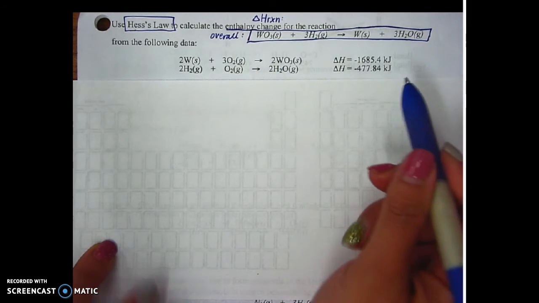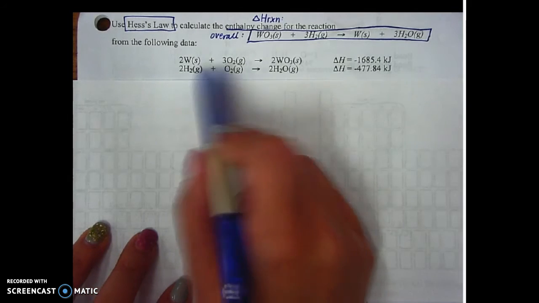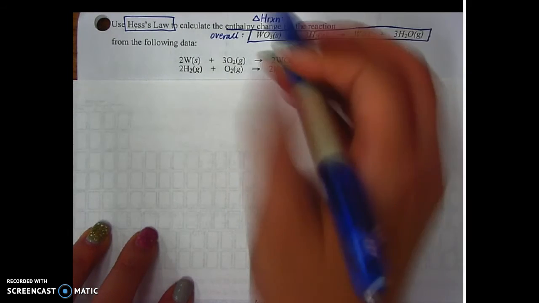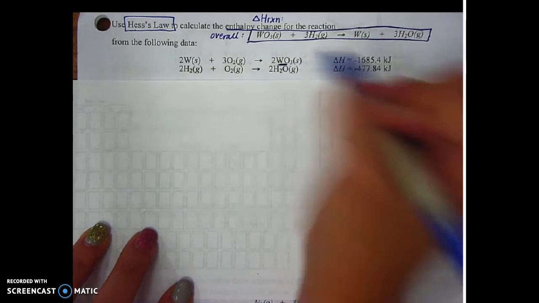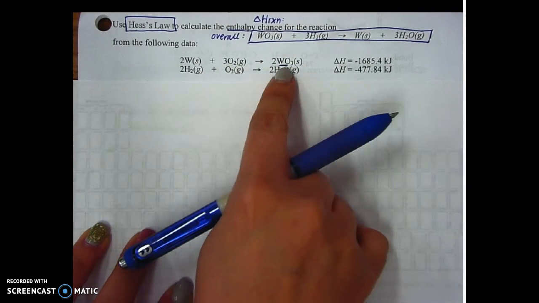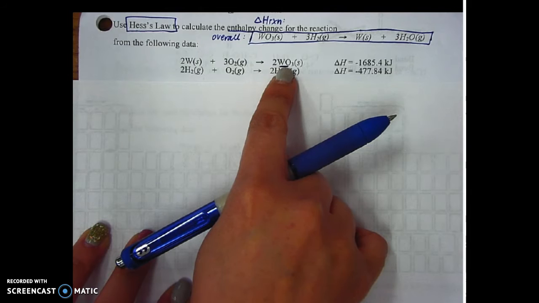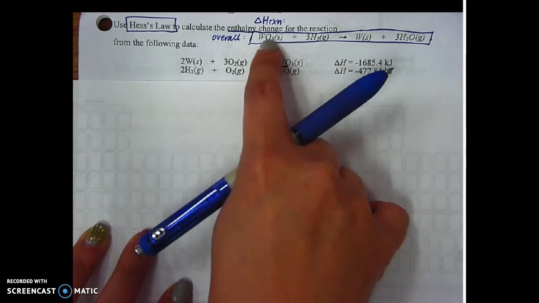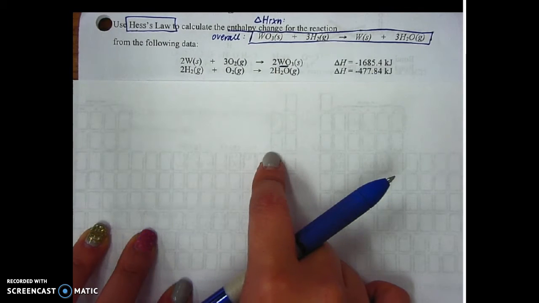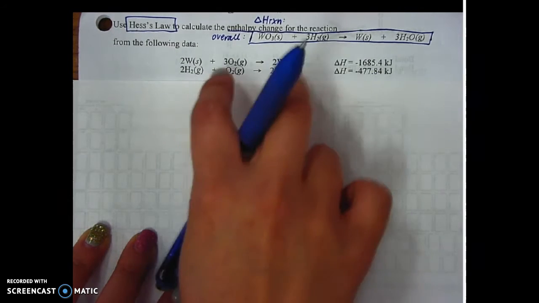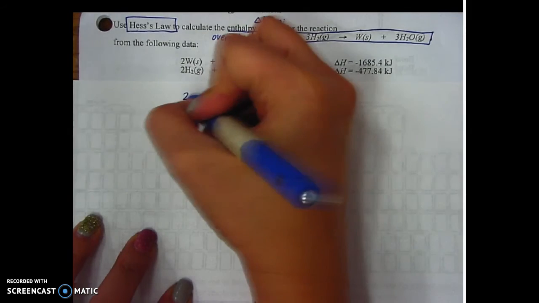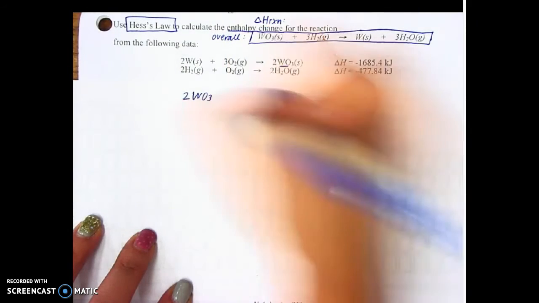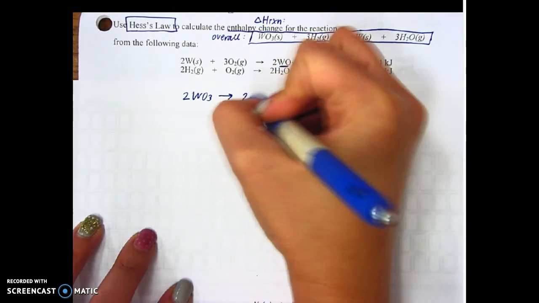So I'm just going to pick any element that I see in one of my equations here, and let's take a look at this guy right here, WO3. You could see that it's sitting over on the right side of the equation, and then when I see what my overall equation really looks like, I could see that it's on my left. So right away I know that I'm going to have to probably flip this equation. So I'm going to go ahead and do that here and get it over on the left side.